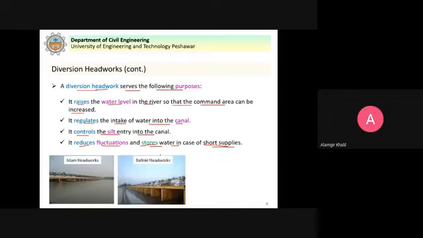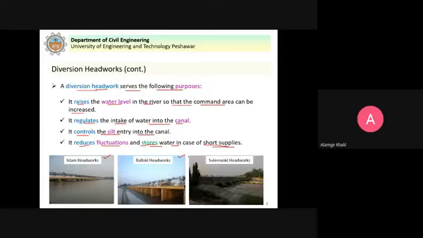These are a few examples of headworks that we have in Pakistan. We have Islam headworks, Balochi headworks, and Suleiman Ki headworks.